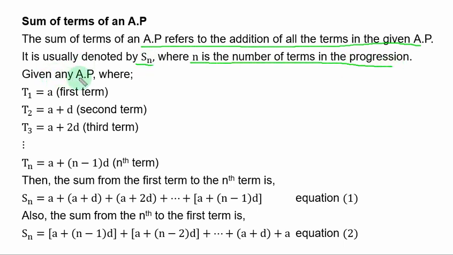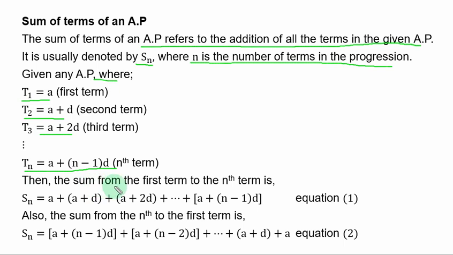Given any AP where the first term is equal to a, the second term is the first term plus the common difference, the third term is the first term plus 2 times the common difference, and so on to the nth term.